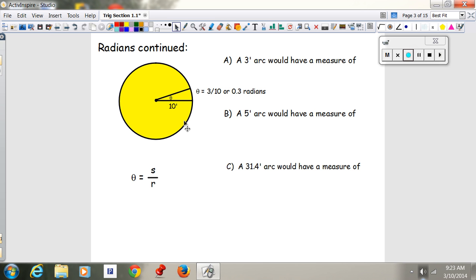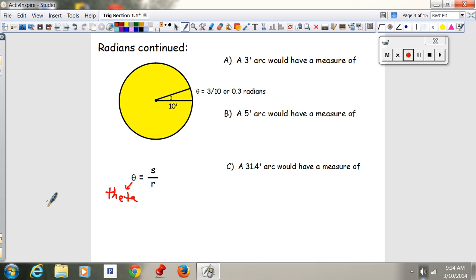Now before I move on, I want to talk a little bit about this symbol right here. You see it in the picture, and it's right here. It's called theta. Theta. Greek letter, Greek symbol, just like pi. But it's what we use to kind of represent our radian angle.